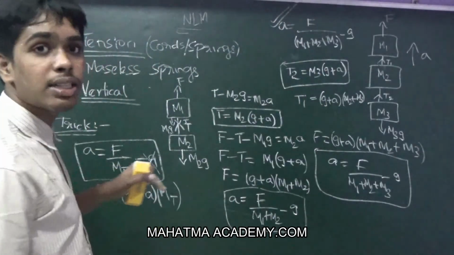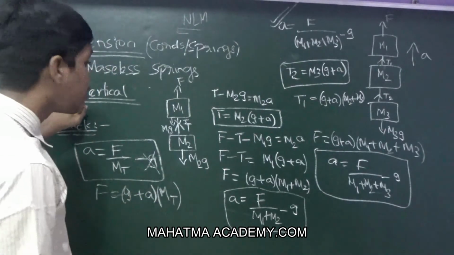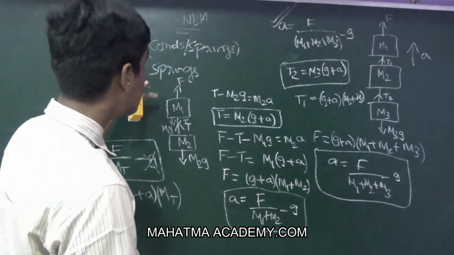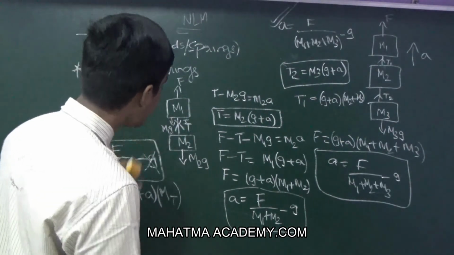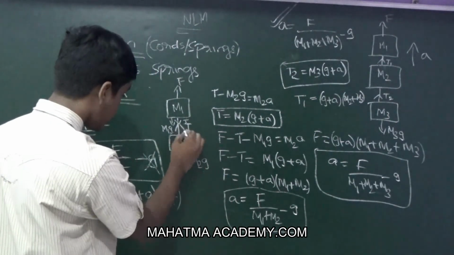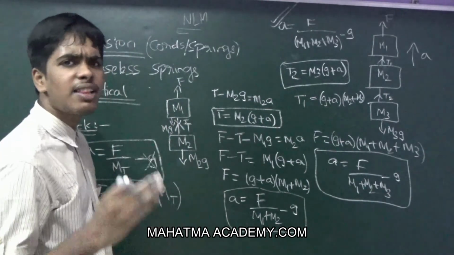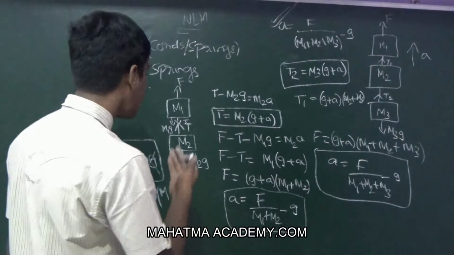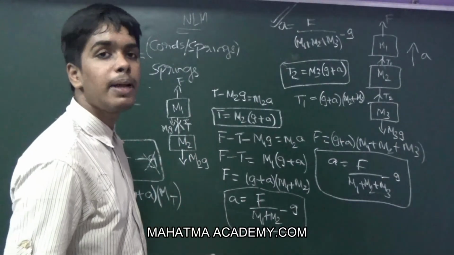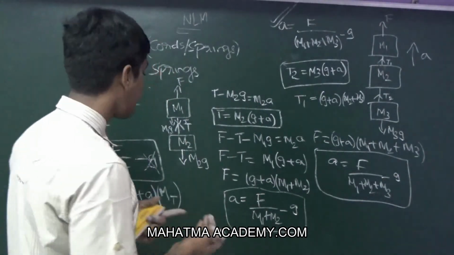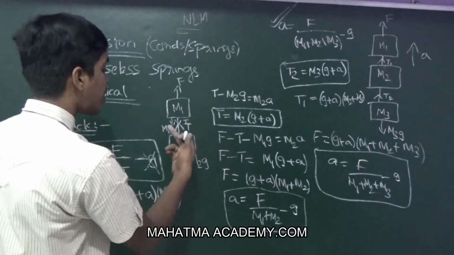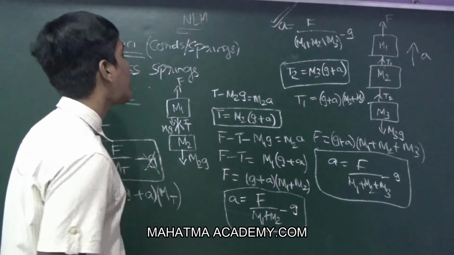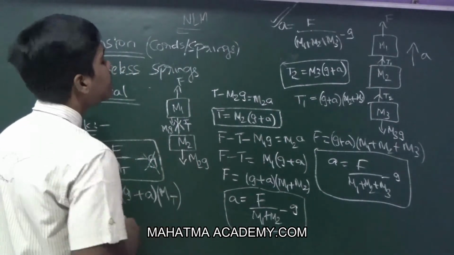Now we have discussed vertical motion. For the two bodies, the tension is T for the second body. First we will consider the second body. If you use two bodies, the tension will be automatically determined from this second body, because only M2G is acting.